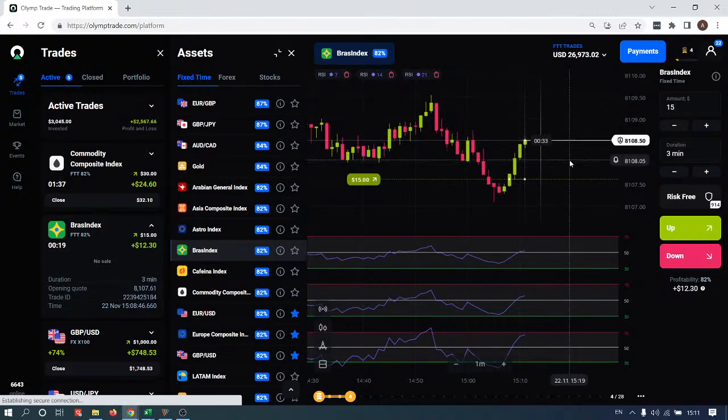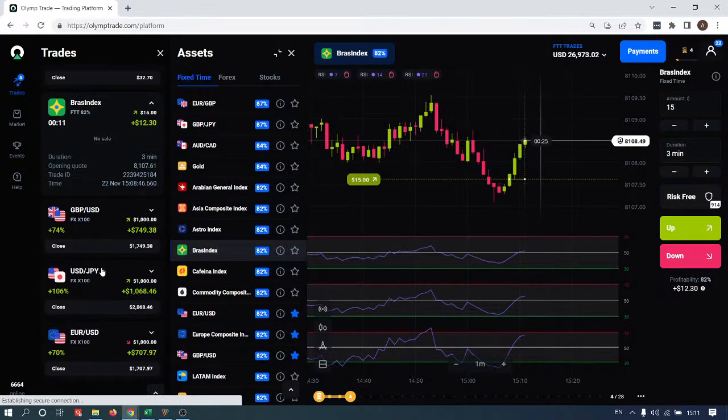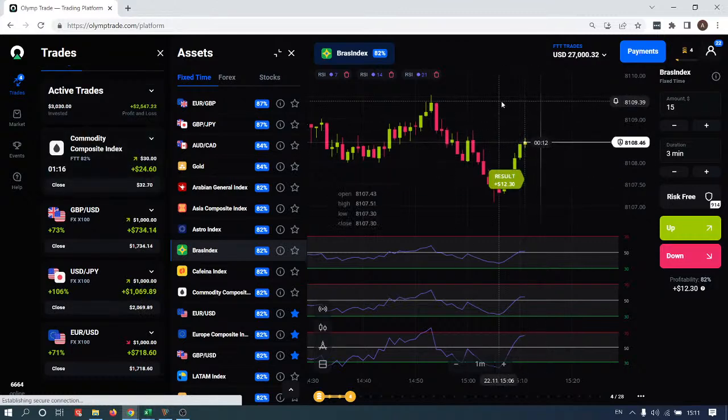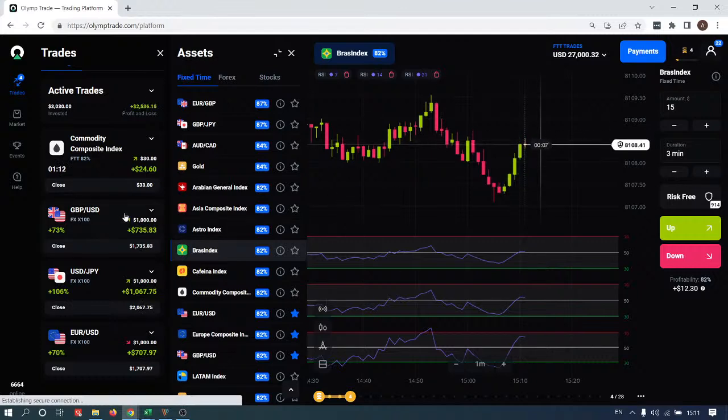I very, very rarely invest more than, say, $1,000 into one FTT trade. I can put this amount in a forex trade because it's different, and there my risks are controlled in a better way. It's a little less risky. That's another topic about forex, about potential gains and risk-reward ratio.